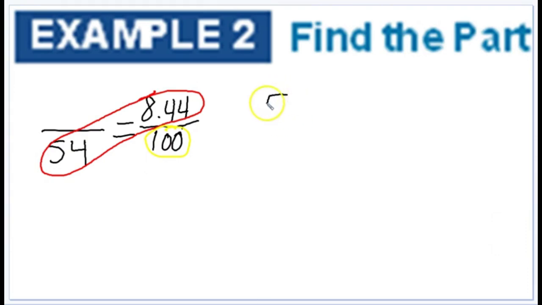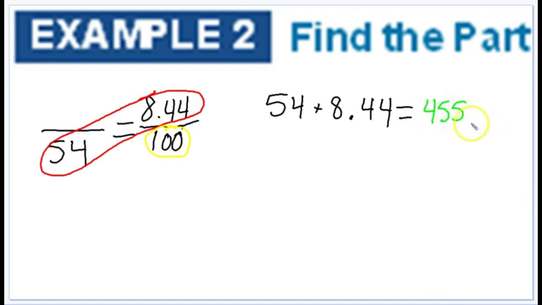Regular voice. 54 times 8.44 equals, what does it equal? It equals 455.76. Now we divide that by 100, and we will get 4.5576.